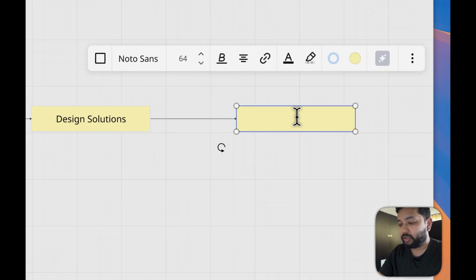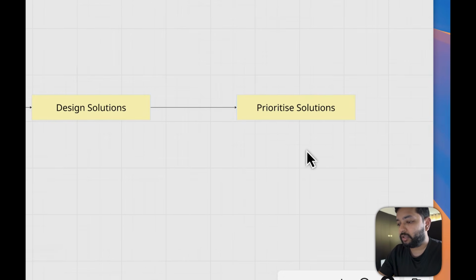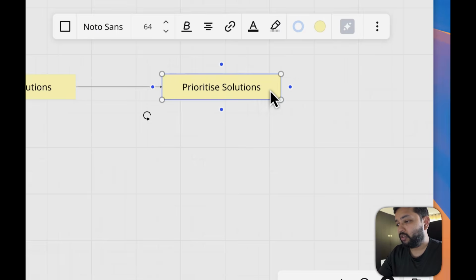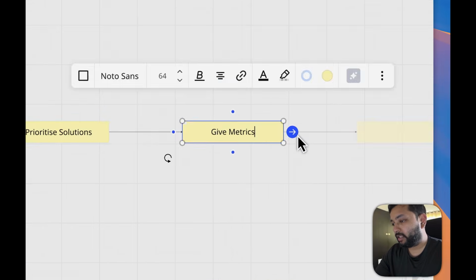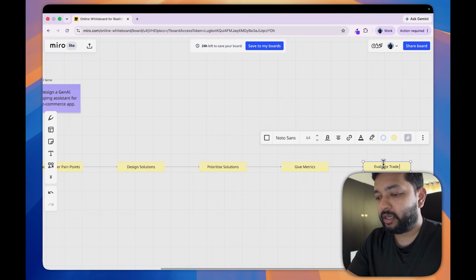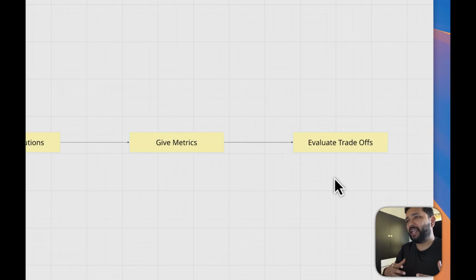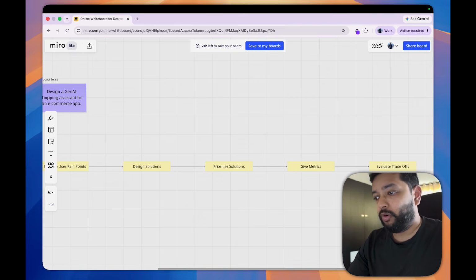Once you've designed solutions, you prioritize solutions. And once you've prioritized solutions, you would go and give metrics. And then finally, evaluate trade-offs, right? Of course, at the end, you summarize after all of this, but this is your typical flow, right?